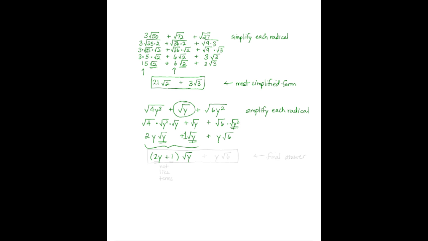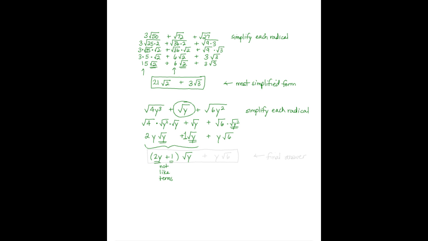You'll notice that 2y and 1, these are not like terms. So these we cannot add together any more than what we have written here. Just like we couldn't add these even if we only had the 2y plus 1 without the square root of y.